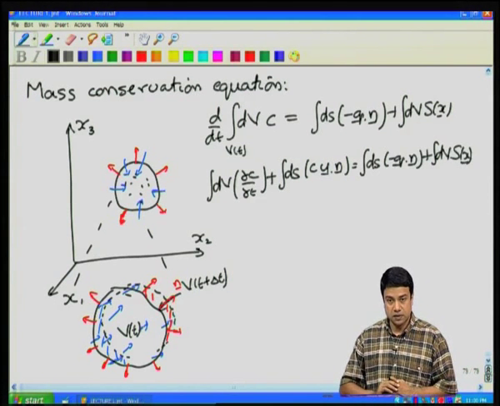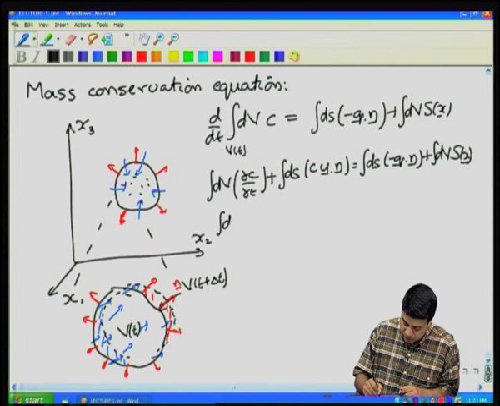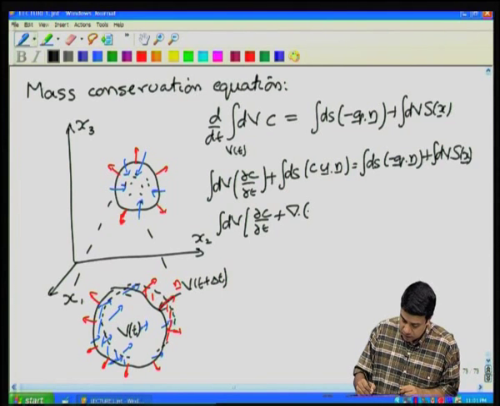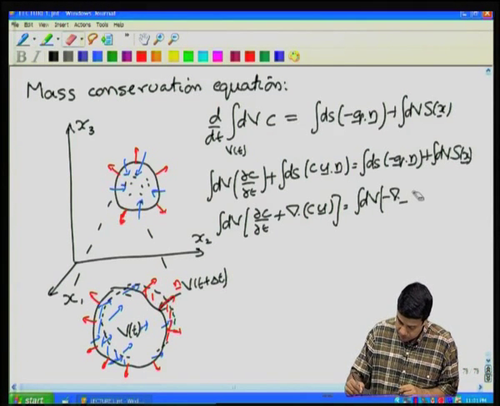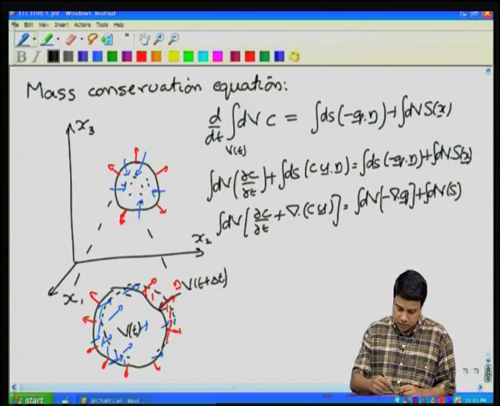Now, I have two surface integrals which are both some vector dotted with the unit normal integrated over the surface. I can convert both of them into volume integrals using the divergence theorem, and you will get integral dV of partial c by partial t plus the divergence of c u is equal to integral dV of minus divergence of q plus integral dV of S, the source term.